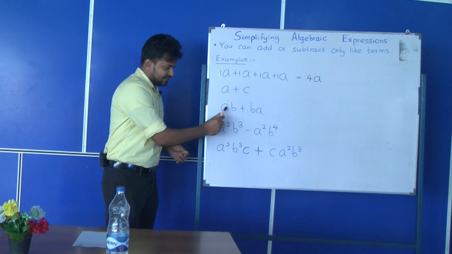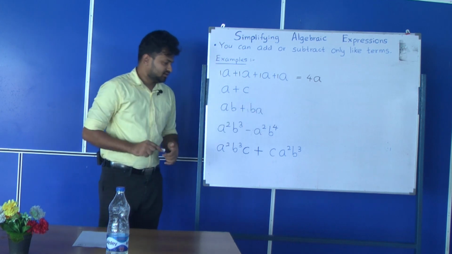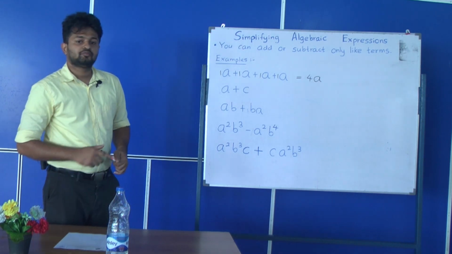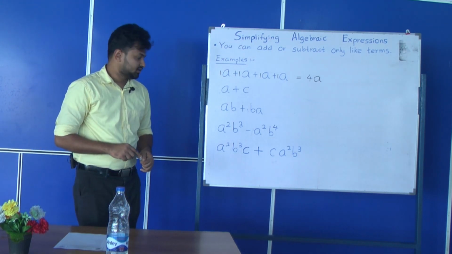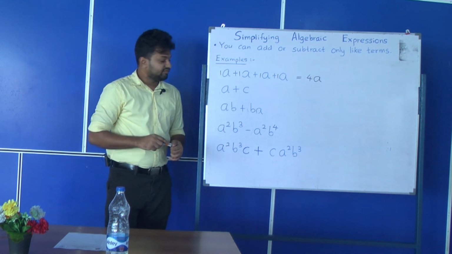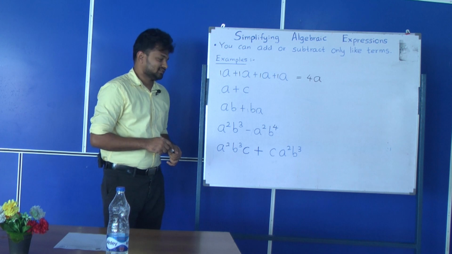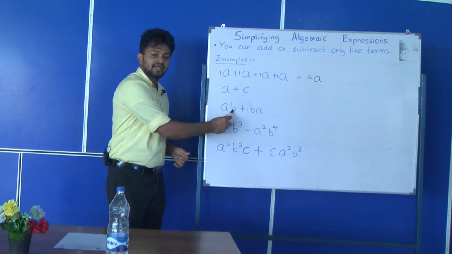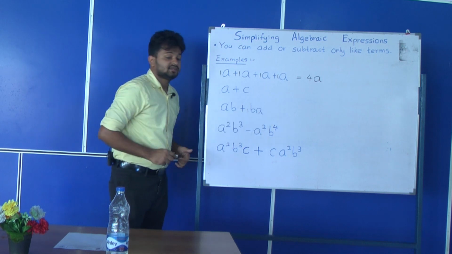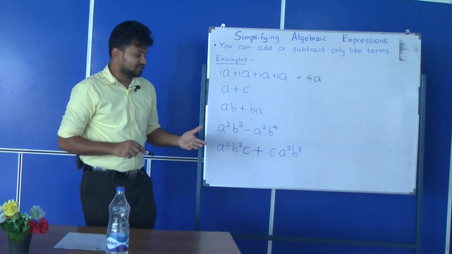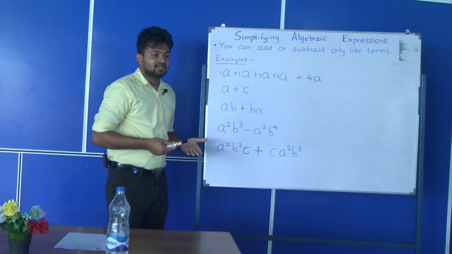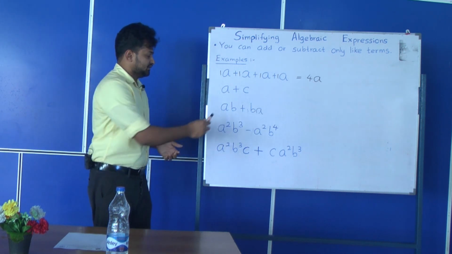Now look at this. AB and BA. By looking at it, you will feel they are different. But actually it's not different. When the letters are attached like this, we know multiplication happens there. AB means A has been multiplied by B. BA, there also the multiplication happens, B multiplied by A. It doesn't matter in multiplication in what way you multiply.